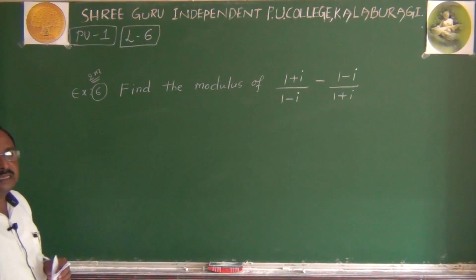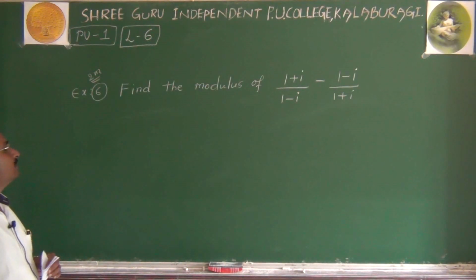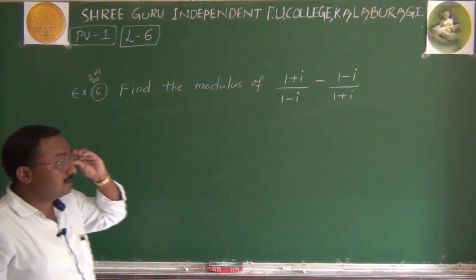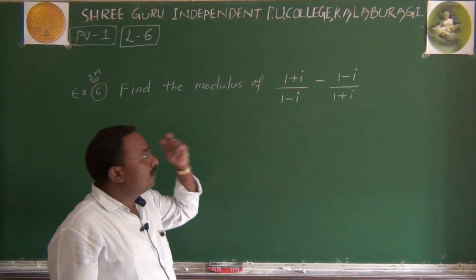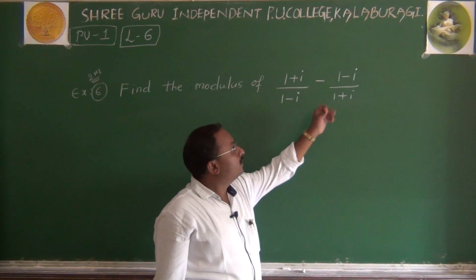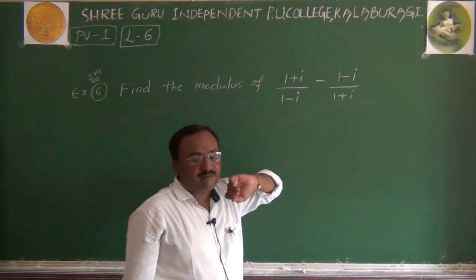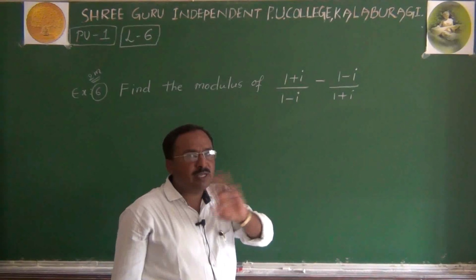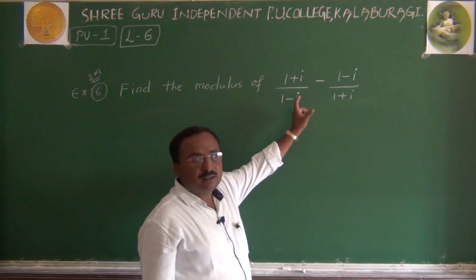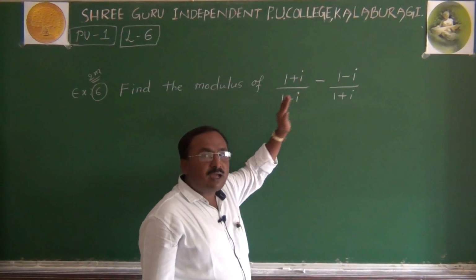That should be solved carefully. That is a 2 marks question. Just the middle sign is minus. You cannot apply the modulus separately here, because the middle sign is minus. In modulus, positive and negative signs are not allowed to be separated. Separation is only for multiplication and division.